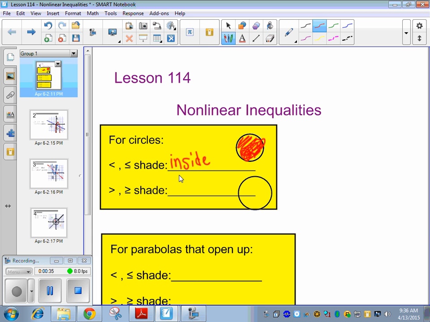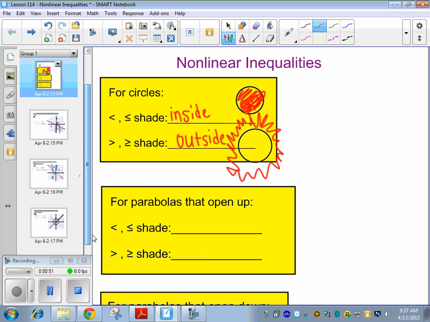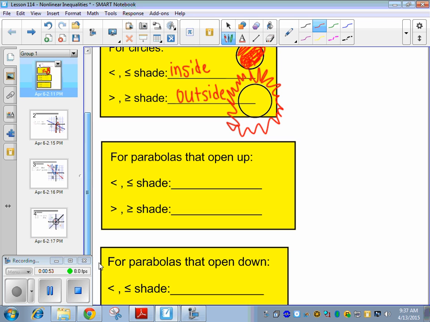And if we have greater than or equal to, that means shade outside the circle. So less than means shade inside, greater than means shade outside for circles.